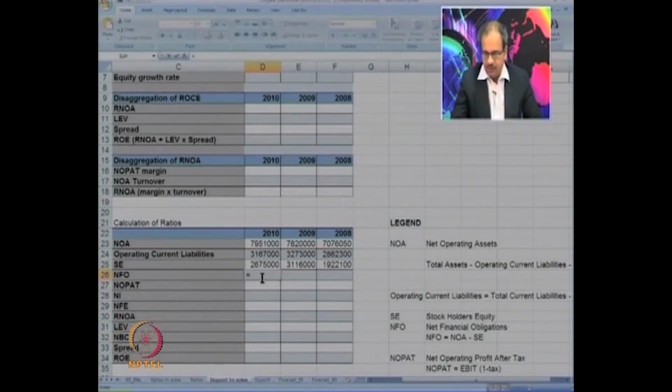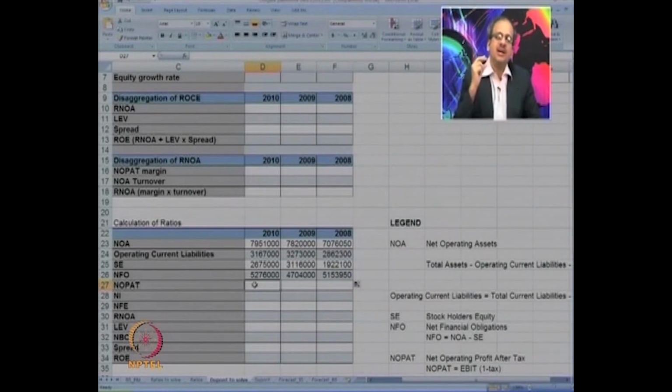So, it is very easy for us to calculate now NFO. Okay. So, net financial obligations signify something like total money payable to outsiders. That is why it is called as financial obligation.